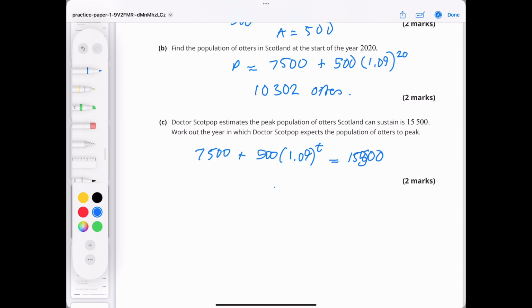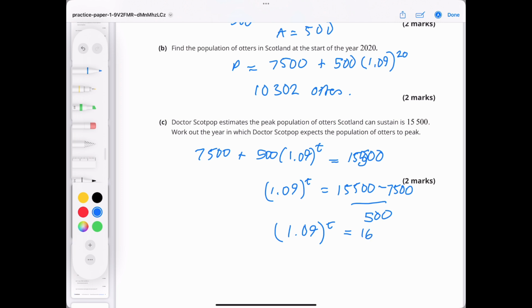So that means 1.09 to the power t would equal 15,500 minus 7,500, over 500, which is 8,000 divided by 500, which equals 16. So 1.09 to the power t equals 16.